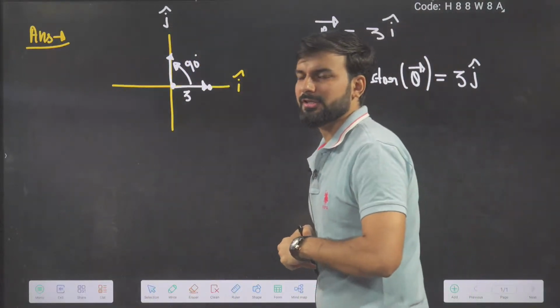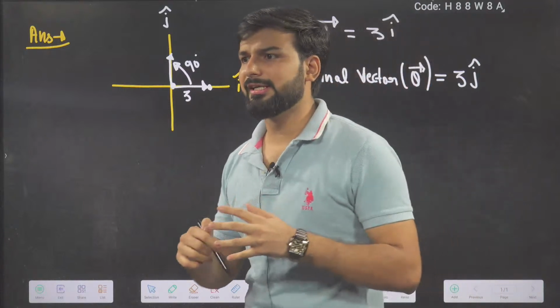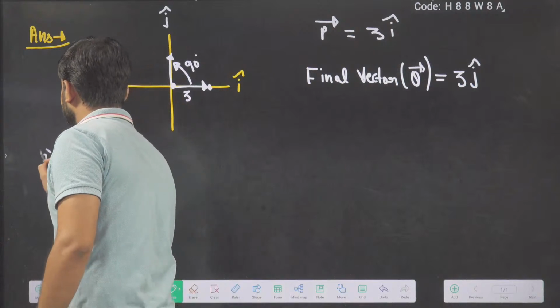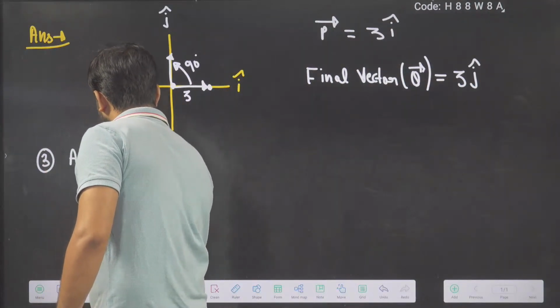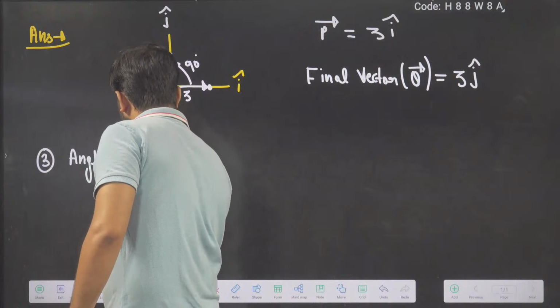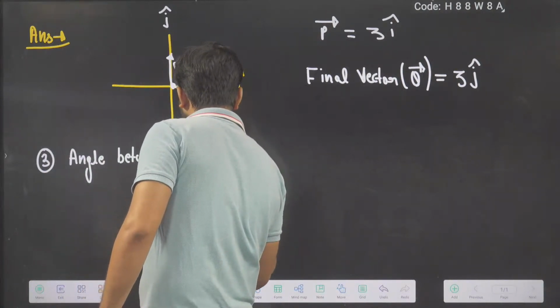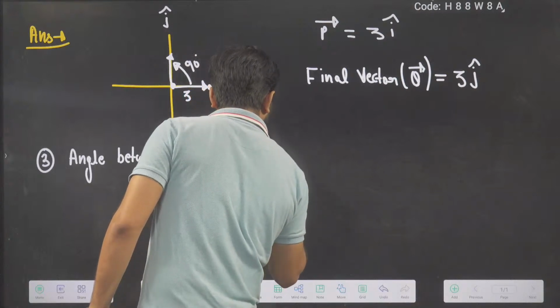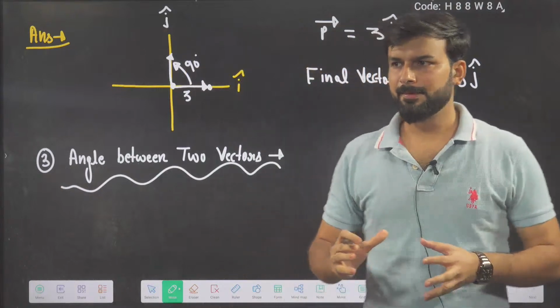Very good. So the next property, beta, that we are going to study here is the angle between two vectors. How do we measure the angle between two vectors? Before I start teaching any topic, beta, listen very carefully.